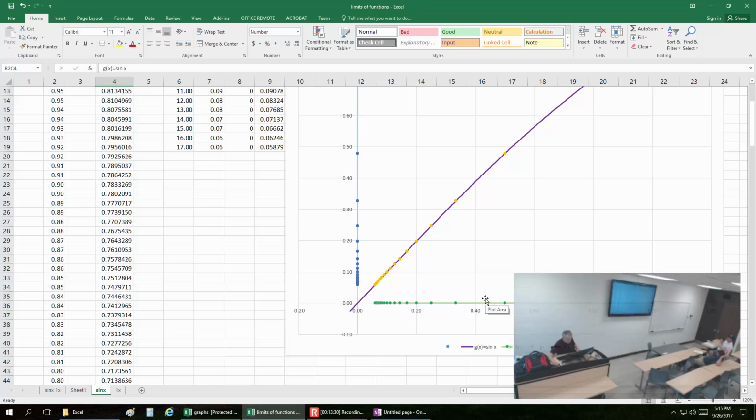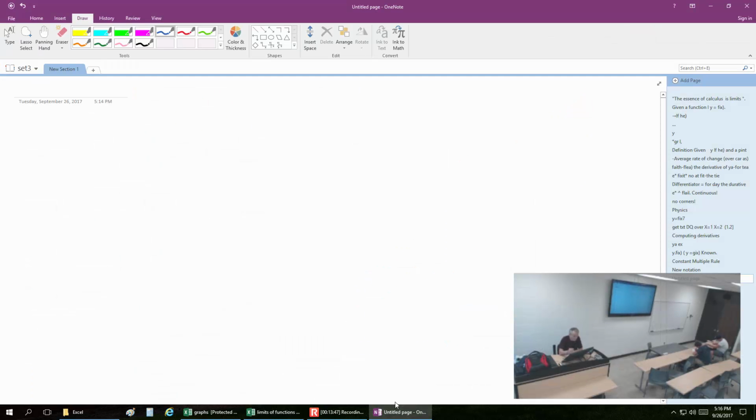So if I step 0.2 to the right, and then they go up, it's 0.2 again. Okay, so the slope appears to be 1, and that actually is the answer. The slope of sine at 0 is 1. So that is one of those so-called famous limits that give us a start with differentiation.